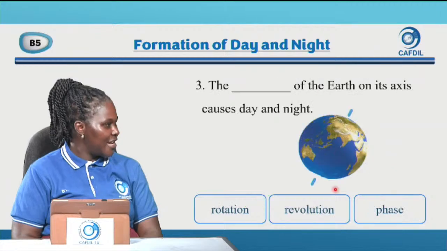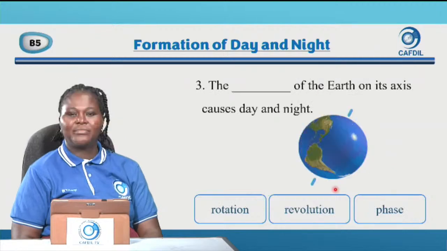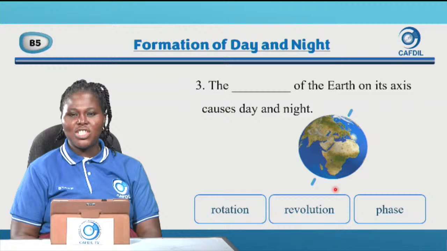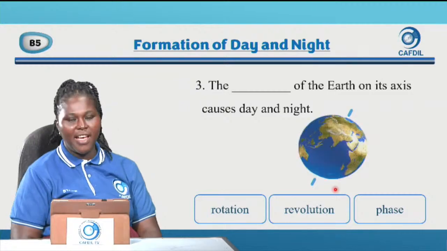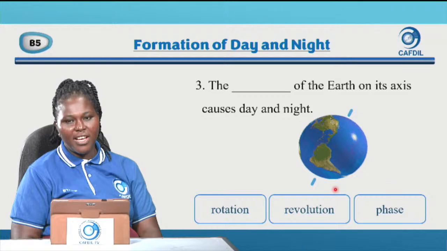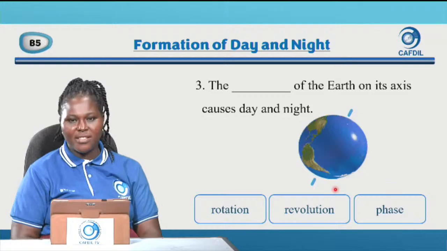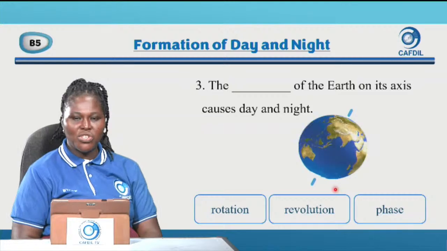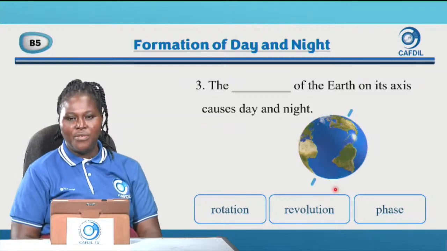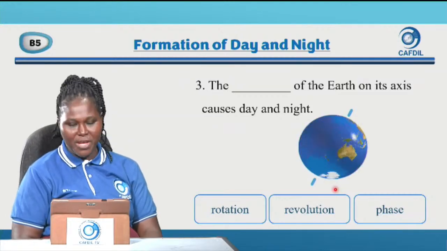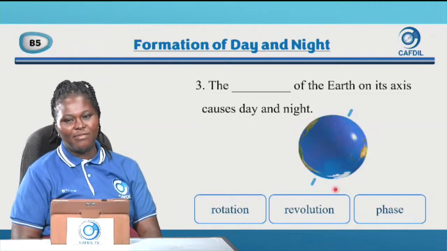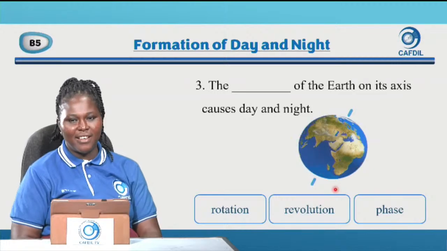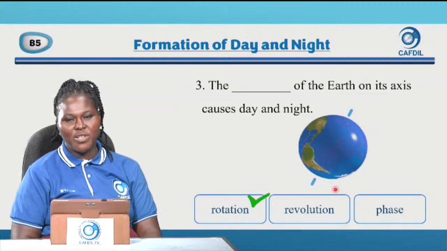Now, question number 3. The dash of the earth on its axis causes day and night. We have rotation, revolution, and phase. Now, which one is the answer? Now we have rotation.